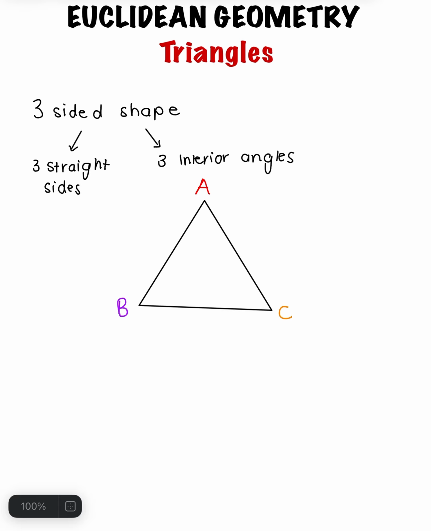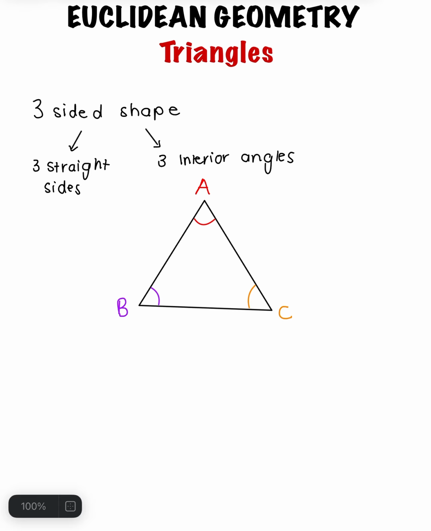And ABC refers to angle A, which is over here, angle B, which is over here, and angle C, which is over here. All right, so the capital letters refer to the vertexes or the vertices of the triangle, and we refer to those angles.